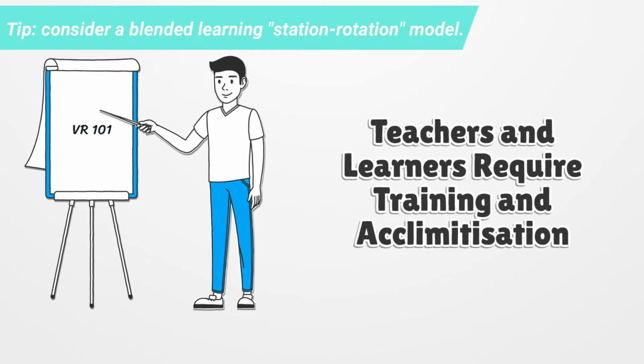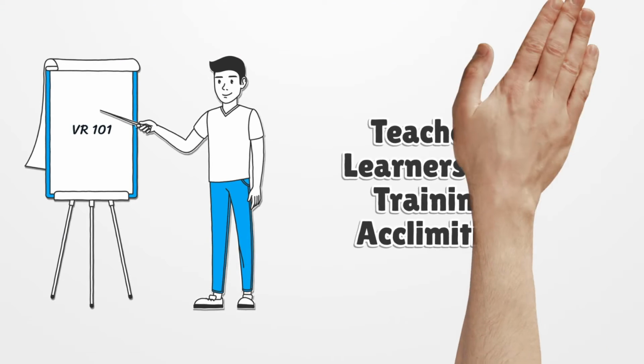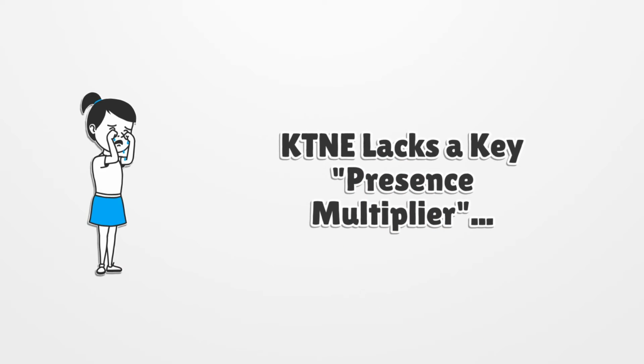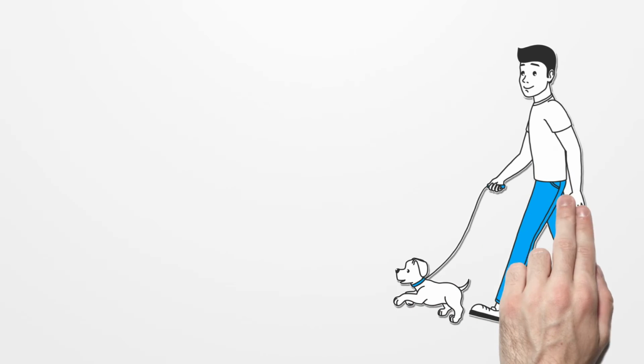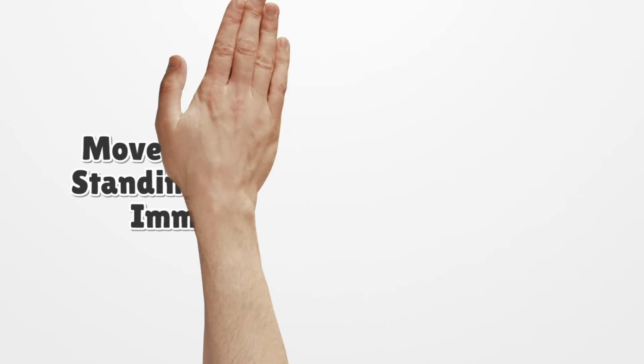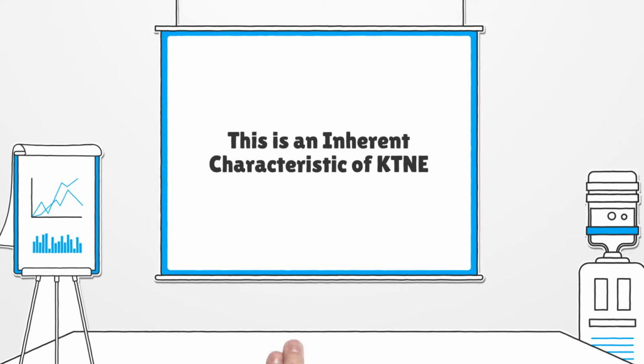A problem more specific to Keep Talking and Nobody Explodes is that it lacks a key presence multiplier, which is basically standing up and moving, because this has been shown to heighten immersion. So just sitting down is less immersive than standing up and moving around, but it's within the constraints of the software.